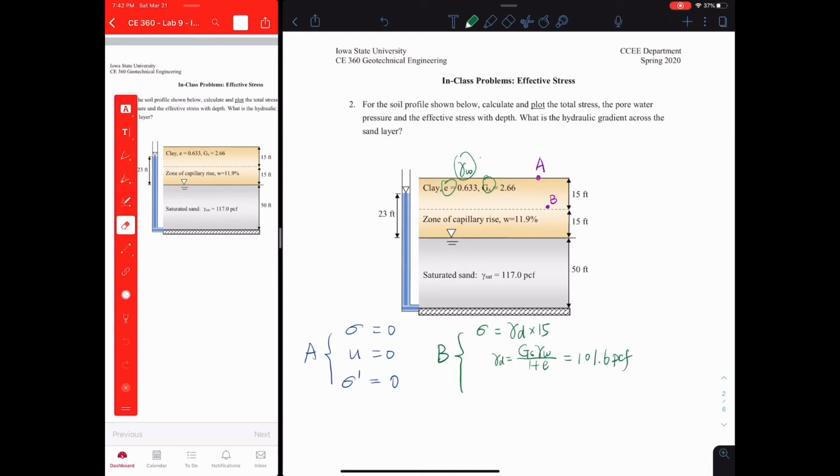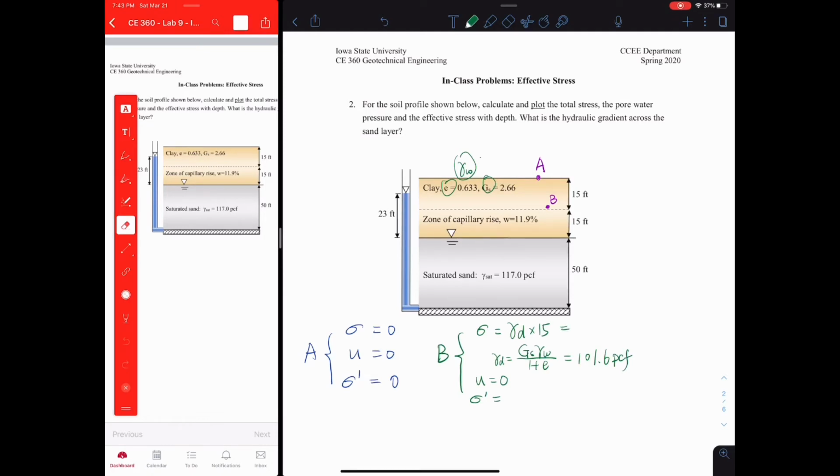And for the u here, it should be 0 because point B is in the first layer and the first layer is totally dry. So the pore water pressure should be 0. There is no water and there is no pore water pressure. And the effective stress is very easy again.